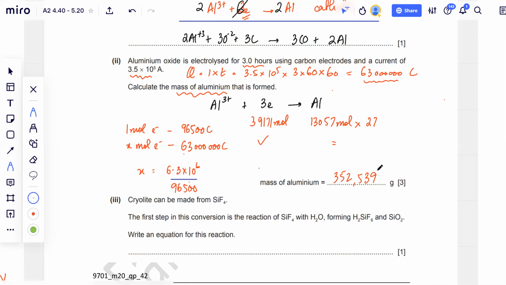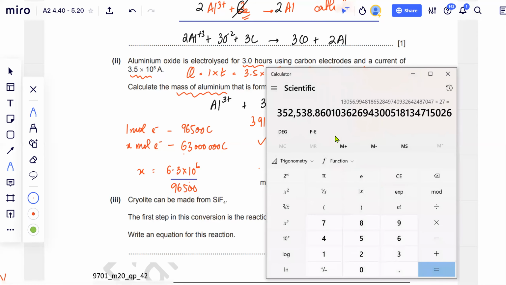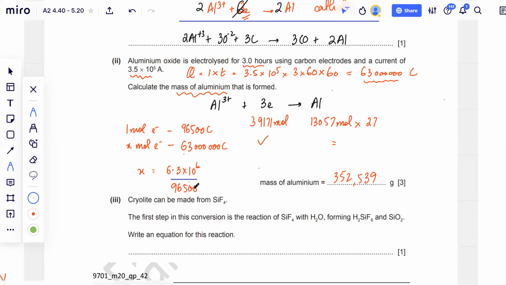It's got a lot of decimal places in it, right? So can you get a more accurate answer if your original values are not accurate? I mean, that's not possible. So if your starting values are accurate up to 2 significant figures, your final answer would also be accurate up to 2 significant figures.